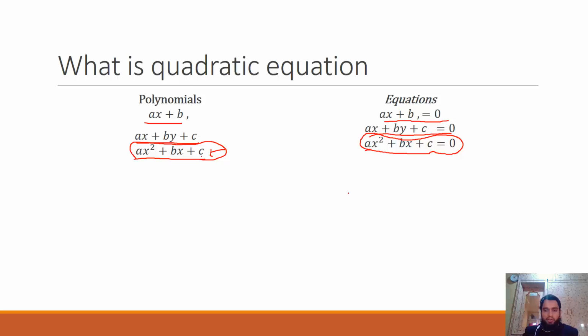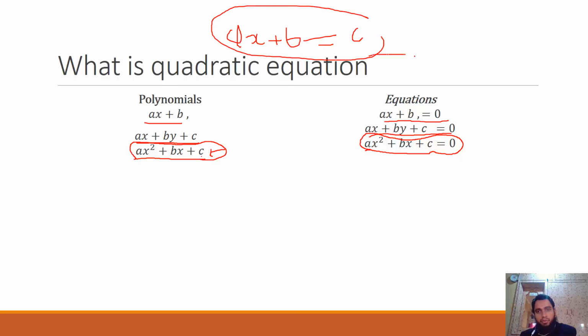Another question you may ask is, is it necessary that we equate each polynomial to 0? No, it is not necessary to equate the polynomial to 0. We can equate it to anything. Like we can write ax squared plus bx is equal to c. It is again an equation, and we can convert this equation into this form.